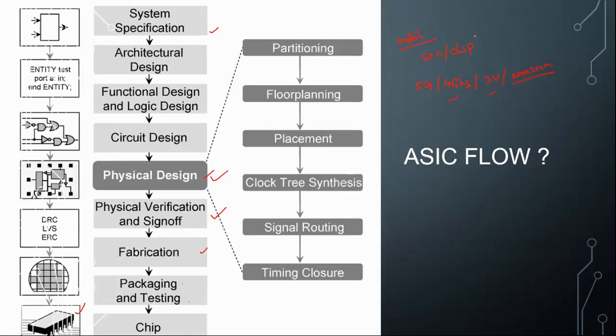Once the macro placement is done, we do the power planning. Once we are good with macro placement and power planning, we start the placement. After that, we go with CTS and routing. Finally, once routing is done and all DRCs are clean, we go for the timing closure.